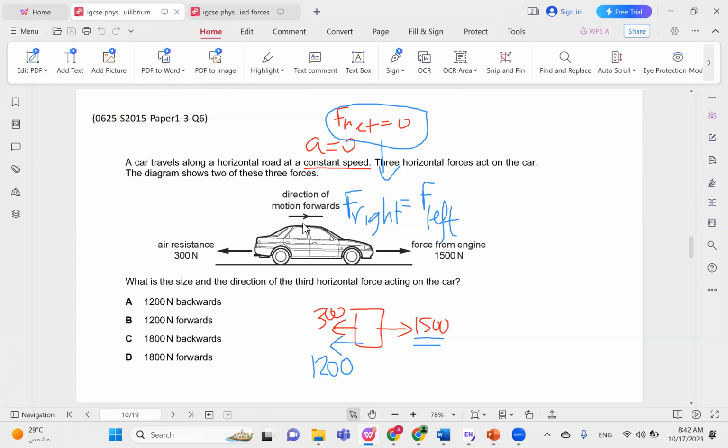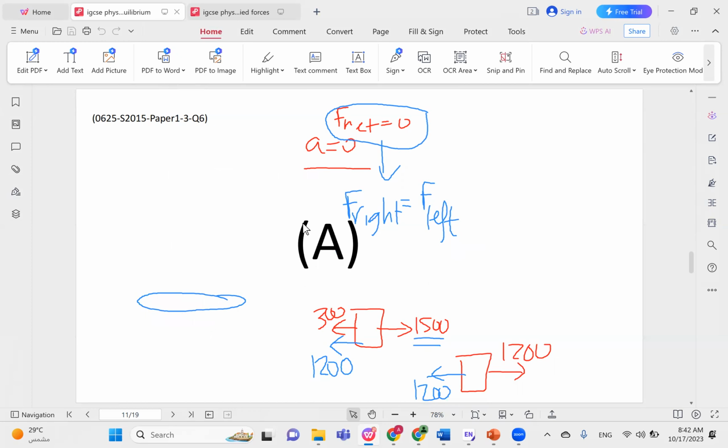So backwards, basically. Why? Because if we were to cancel out like we did before, we would end up with a box with 1,200 to the right. So we need to add the third force so that this car is in equilibrium. So we need to add an equal force, but to the left or backwards. Hence, choice A is the correct choice.